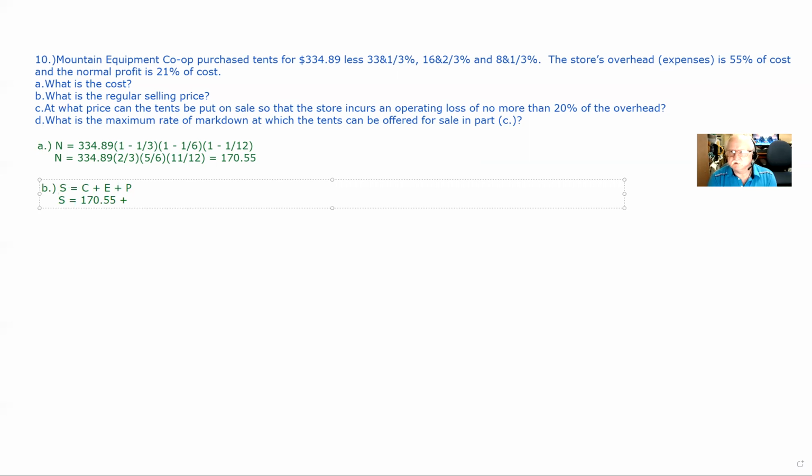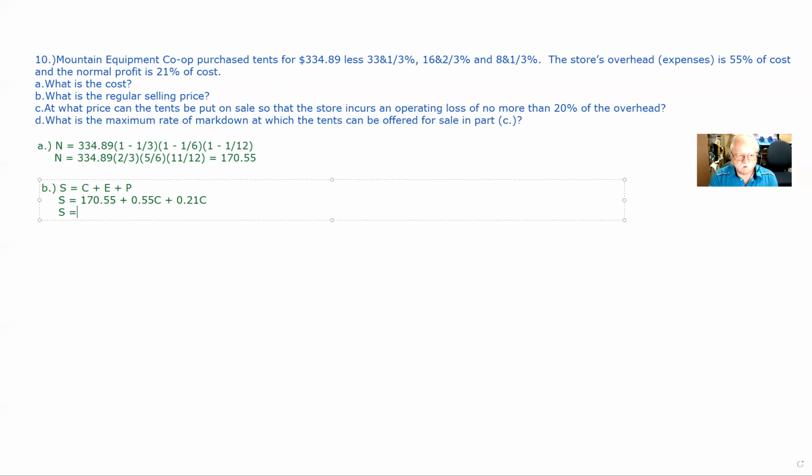And what do we know about expenses? They're 55% of cost. And normal profit is 21% of cost.